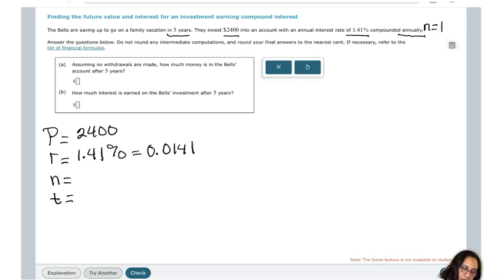And our n is 1, so I'm going to make my 1 stand out. And then the time is 5 years. And remember, the formula is A equal to the principal times 1 plus R over N to the NT.